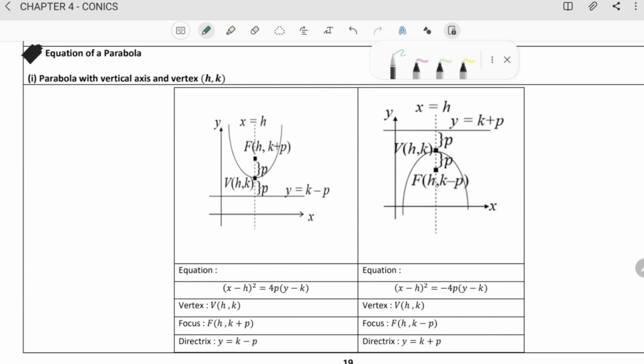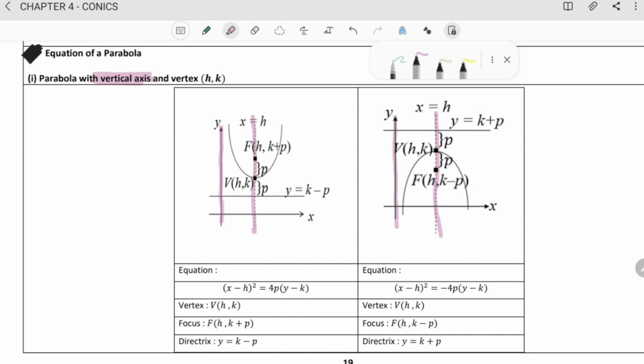Okay, we have two types of equations. The first one will be the vertical axis. Okay, it refers to here. This one is the vertical axis, because it cuts the parabola into two symmetrically, and here is the axis. It is vertical, which means it's parallel to the y axis.